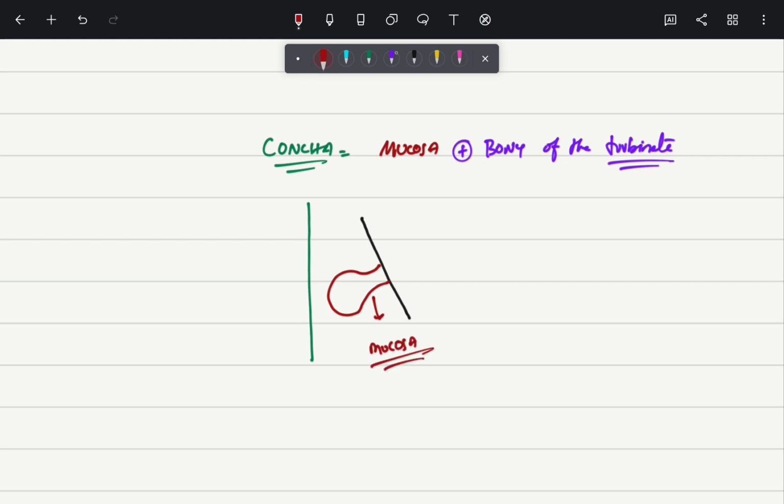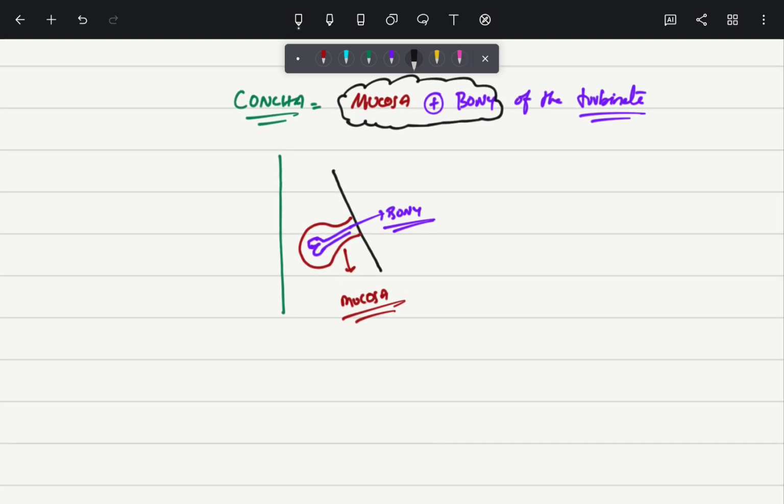And in this mucosa there is a bone present. So this bony structure together with the mucosa is called your concha. So concha is nothing but the mucosa together with the bony part of the turbinate. So that is meant by concha.